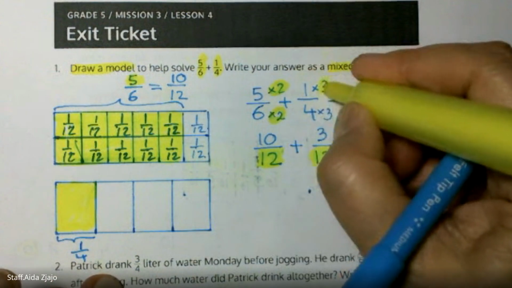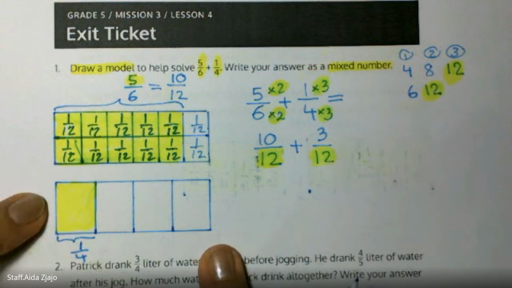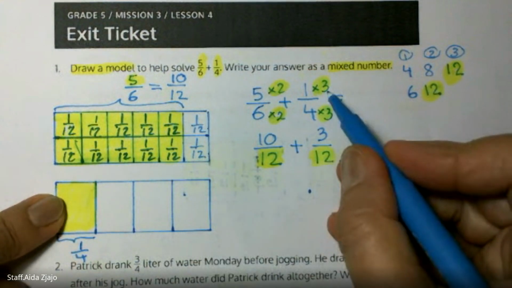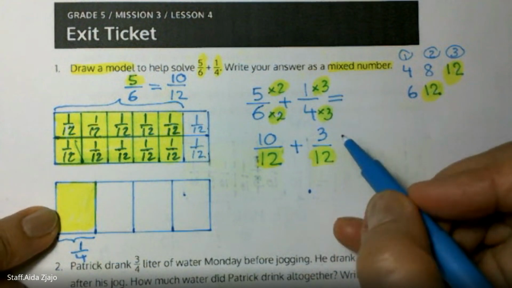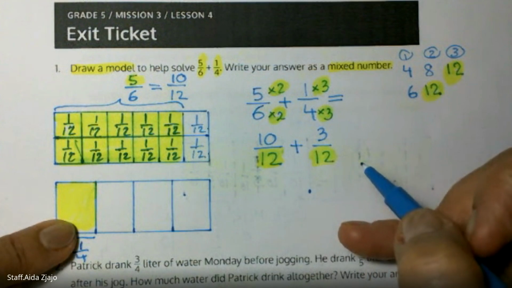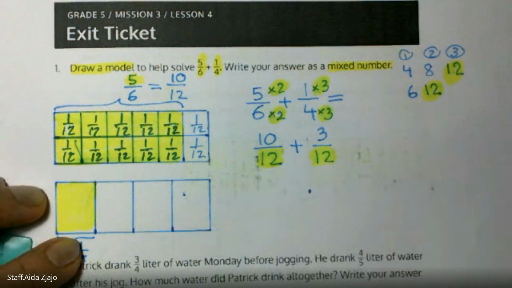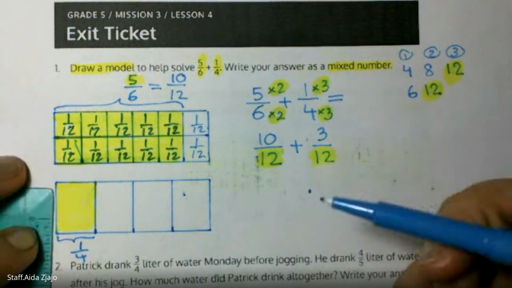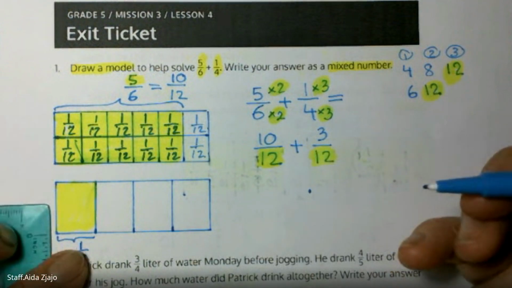How that helps me is to create a picture over here. This is 1/4. This number tells me how many times I need to cut each of them. So I'm going to cut this into 3 pieces. So let me see.